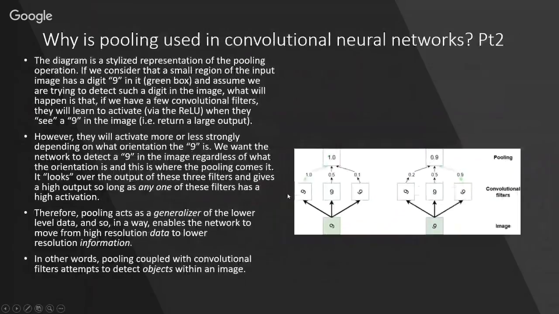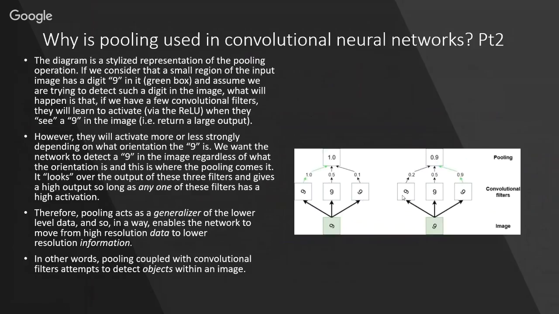Why is pooling used in convolutional networks, part 2? The diagram is a stylized representation of the pooling operation. If we consider that the small region of the input image has a digit 9 in it, the green box, and assume we are trying to detect such a digit in the image, then if we have a few convolutional filters, they will learn to activate via the ReLU when they see a 9 in the image, returning a large output. However, they will activate more or less strongly depending on the orientation of the 9.